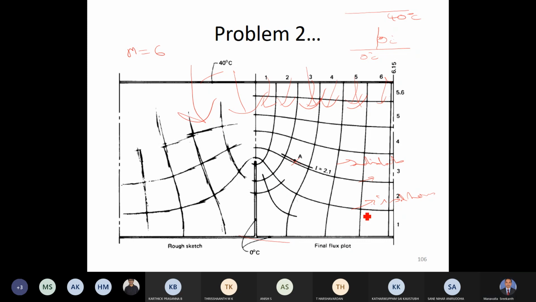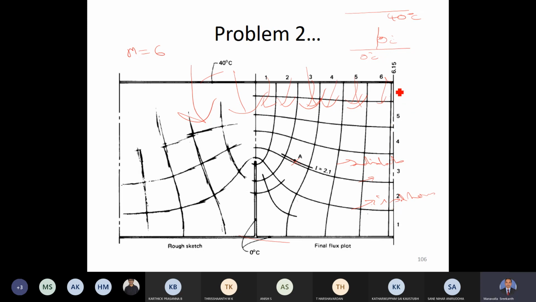Then the temperature steps: from 0 degrees to 40 degrees Celsius, the temperature has been split into 1, 2, 3, 4, 5, and the sixth one is not complete. It's actually only 0.6 times of the earlier sizes.